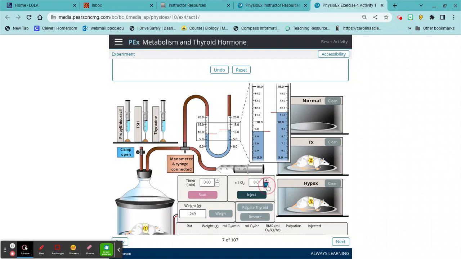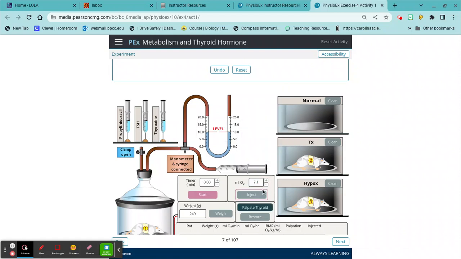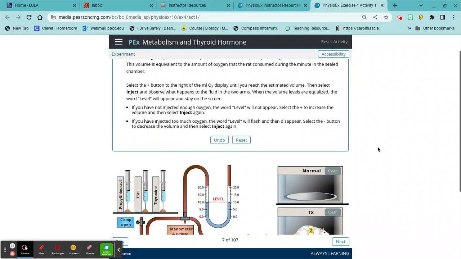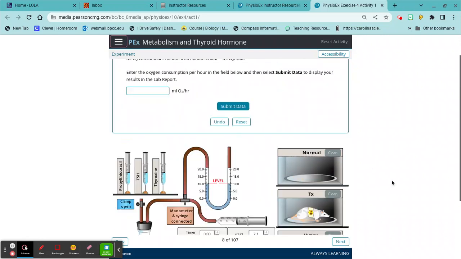Yeah, a little bit of trial and error here. Let's inject and see if we get back to a closer range between the two. Level, yay. Okay, so then we're going to push next.